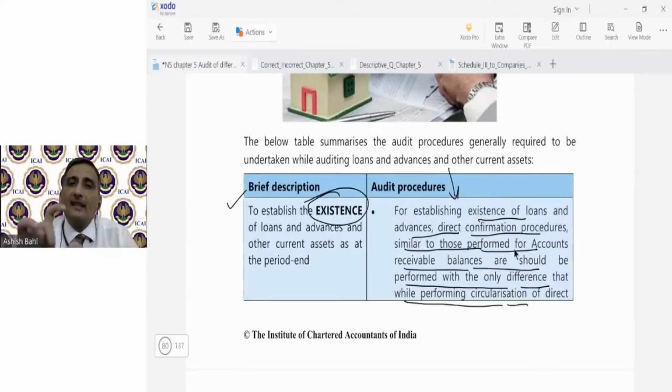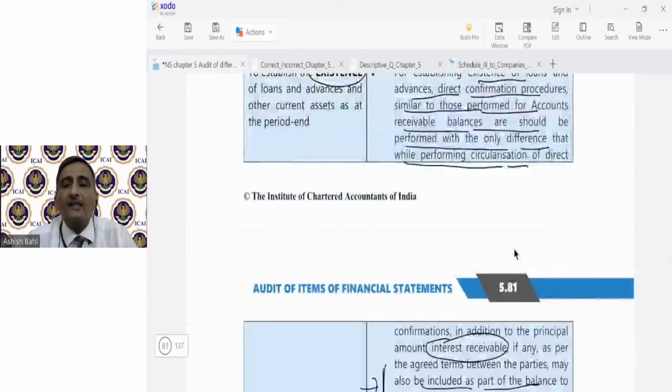This method of verifying the existence assertion is applicable for both short-term advances and long-term advances. Although it is not written here, it is applicable to both short-term and long-term loans. Obviously, you need to verify existence, so this method is applicable to both cases.